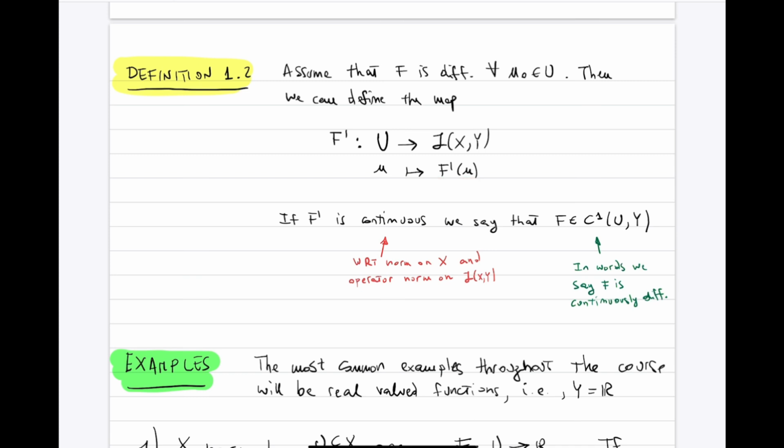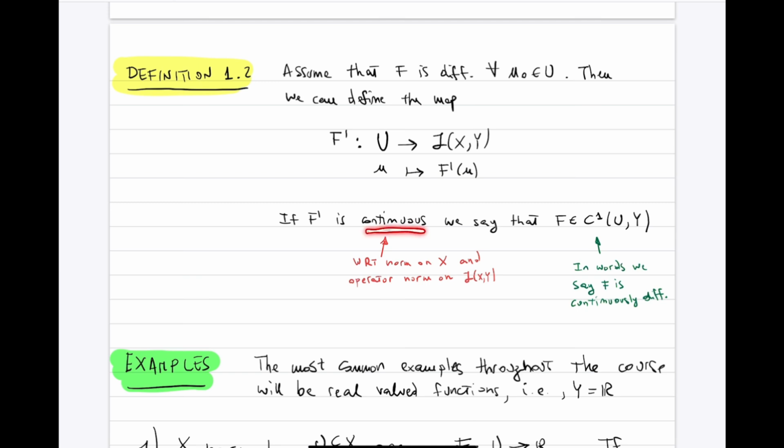If f prime is continuous, we say that f belongs to C1 of u into y. So it's a C1 map from u into y, and in words, we say that f is continuously differentiable.